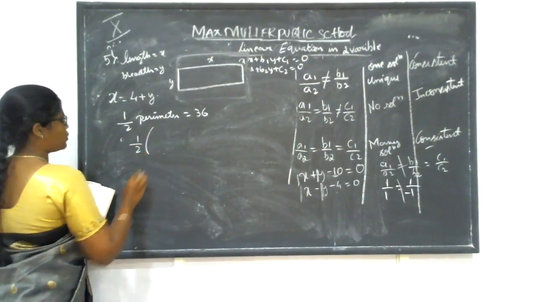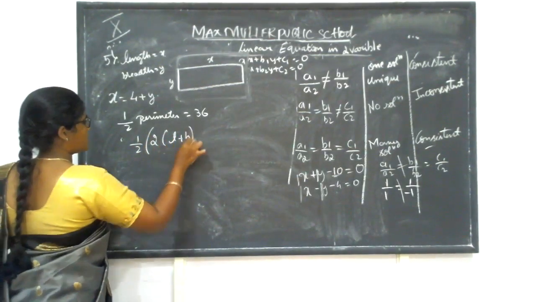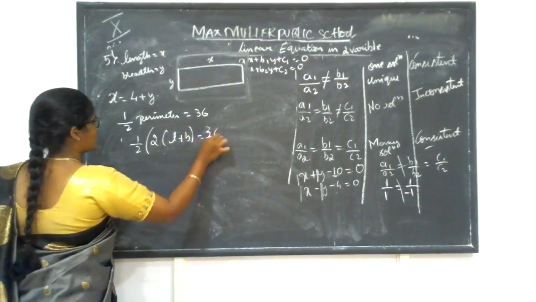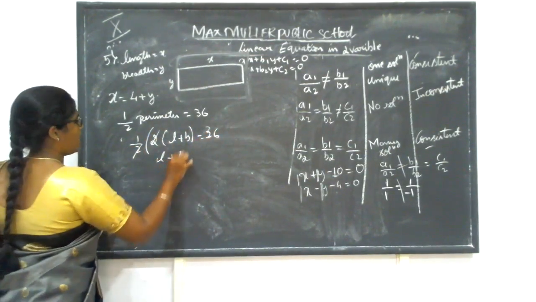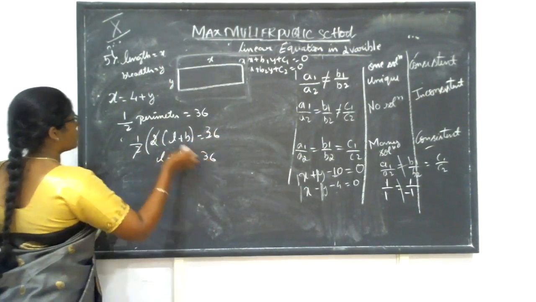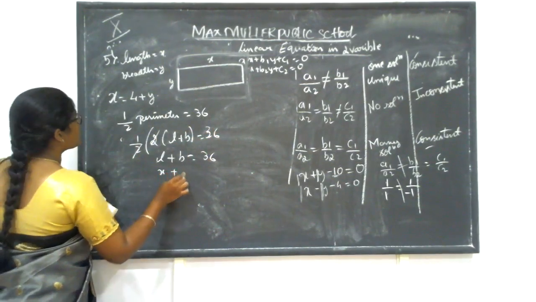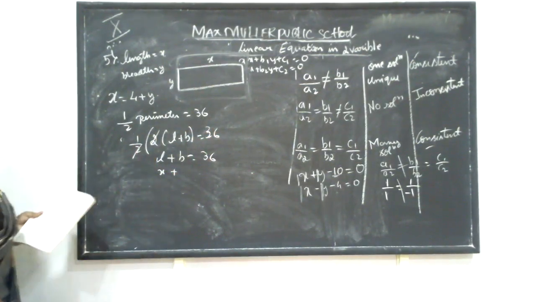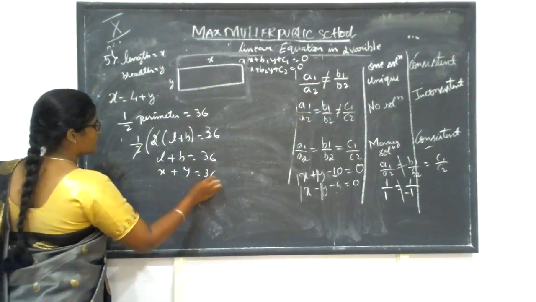Half is equal to, what is the perimeter of a garden? 2 into L plus B is equal to 36. So 2 gets cancelled. So you'll be left with what? L plus B is equal to 36. What is L? L is x and B is breadth. Breadth is what? You have taken it as y. Correct? Which is equal to 36.